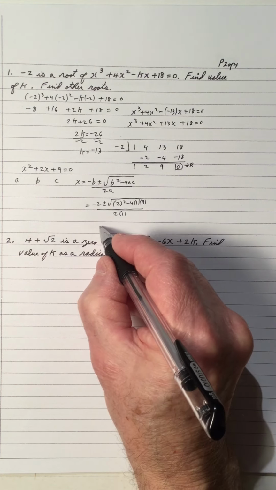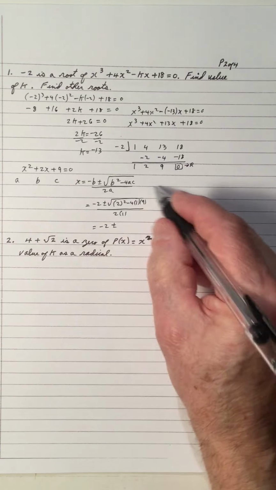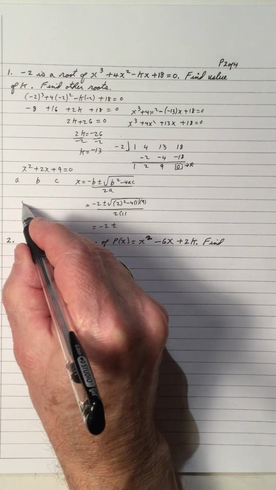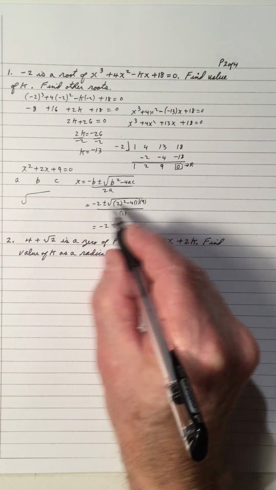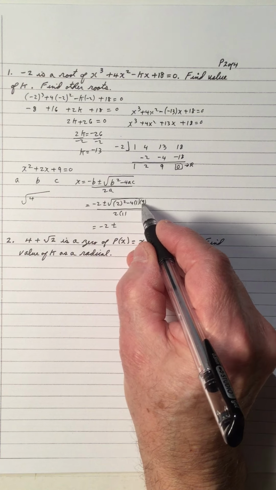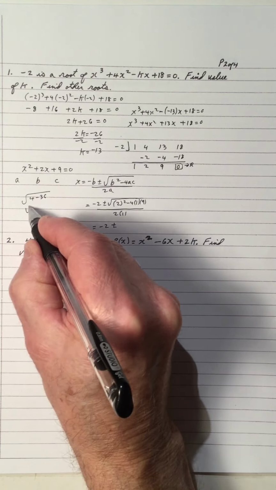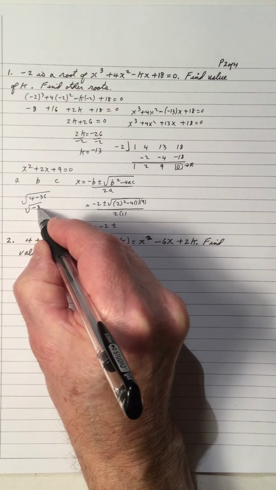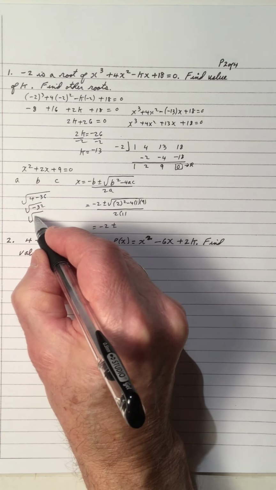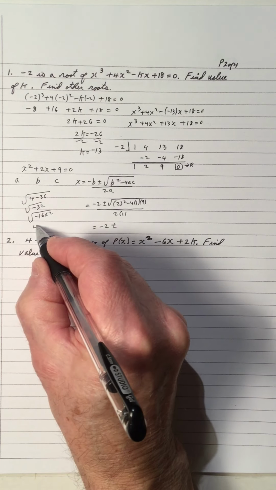So that gives us negative 2 plus or minus, and I'm working all this out here on the side. 2 squared is 4. Negative 4 times 9 is negative 36. That's a negative 32, and that's a negative 16 times 2. So it's a 4.